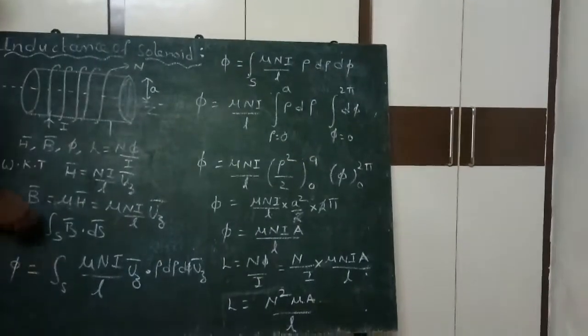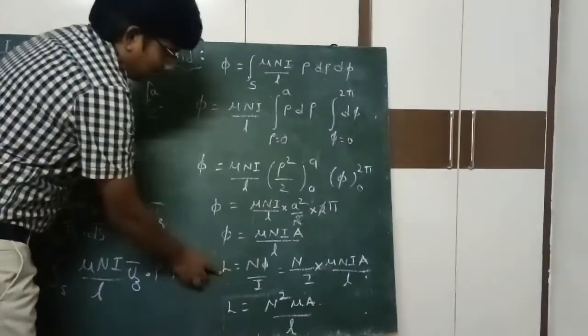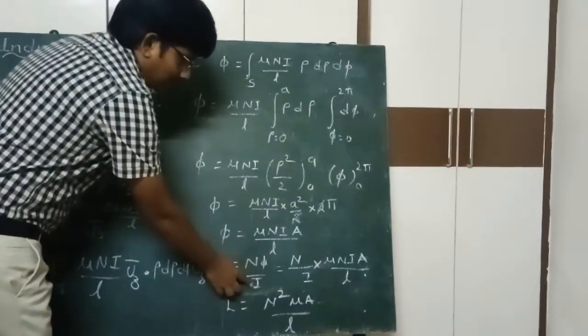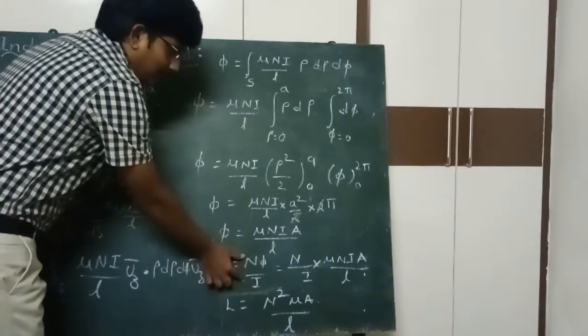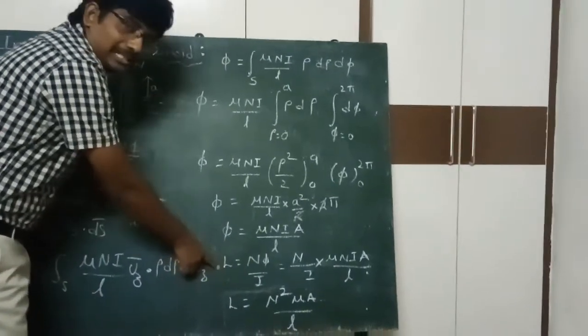Now we need to determine inductance of the solenoid, that is L equals N phi by I. This is the common formula for any coil to determine the inductance.